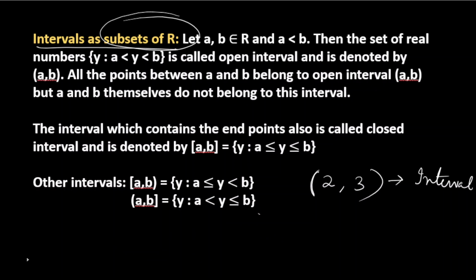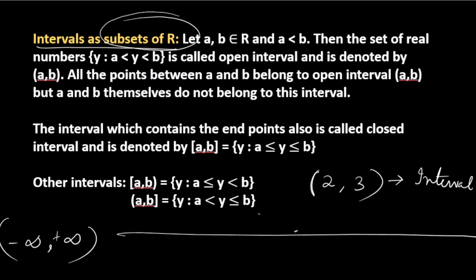So why is this interval a subset of real numbers? Because the real numbers are very big. Real numbers go from negative infinity to positive infinity, if I see it with the number line. So these are real numbers. If this is a number line, every number on a number line is a real number.